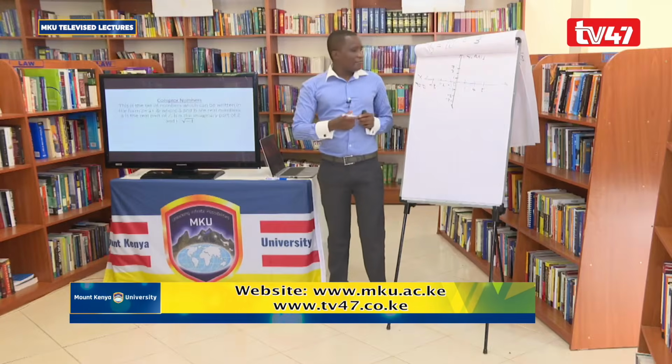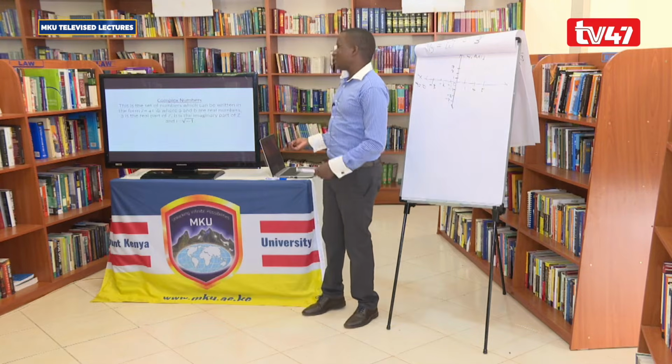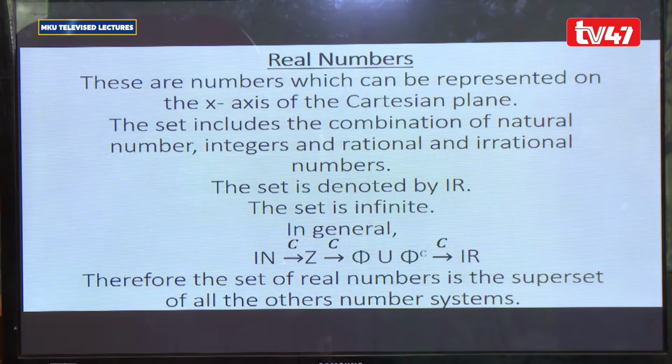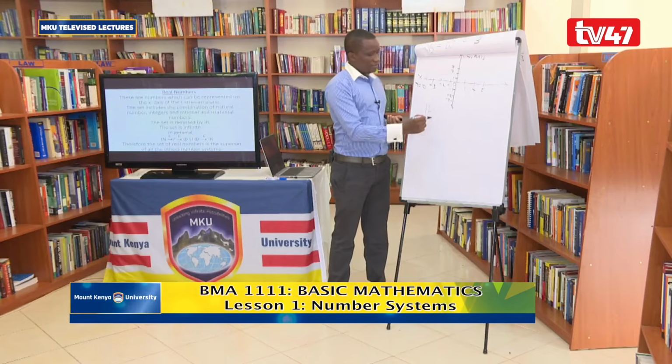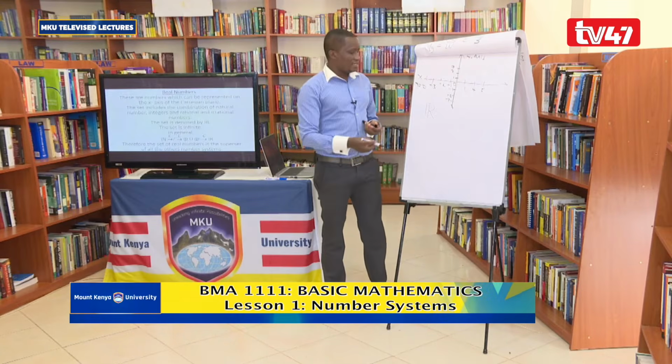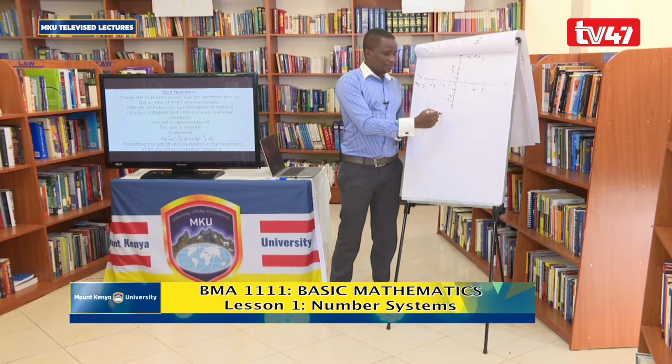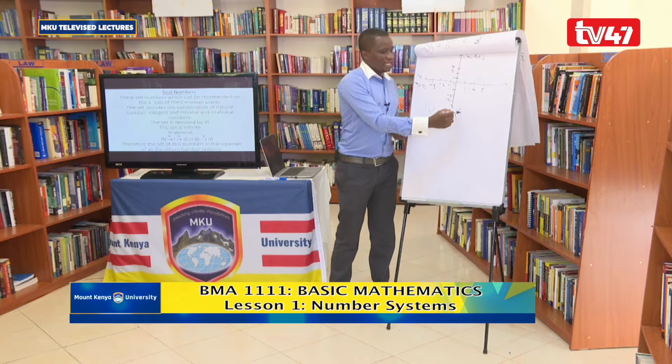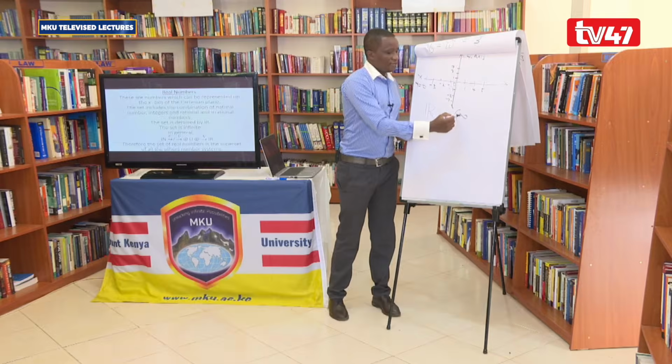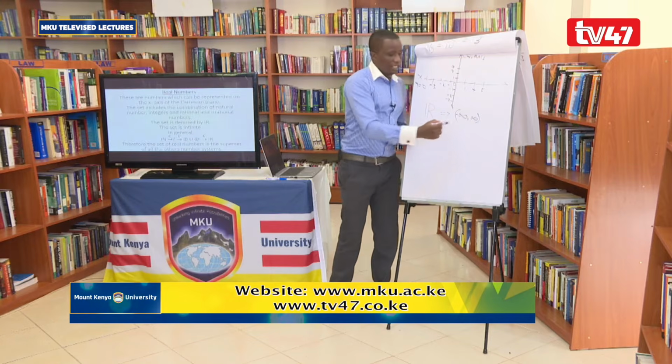So all numbers that fall along this line are the ones we are calling the set of real numbers. The symbol for the set of real numbers is R. Equivalently, we can write this as the open interval from negative infinity to infinity.